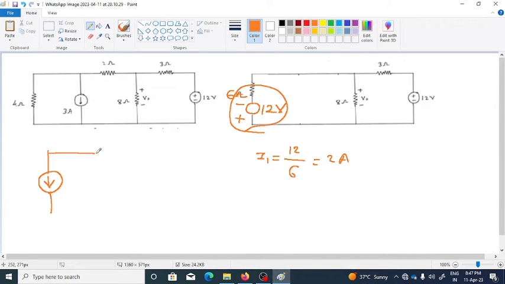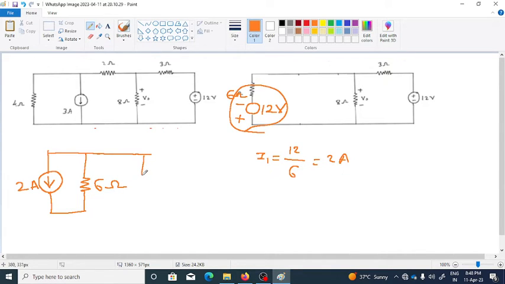Now the resistance of 6 ohm is now coming in parallel to this current source. So this is the 6 ohm resistance, and the value of this current source is 2 ampere, right? Now further, this 8 ohm resistance we will be keeping as it is.